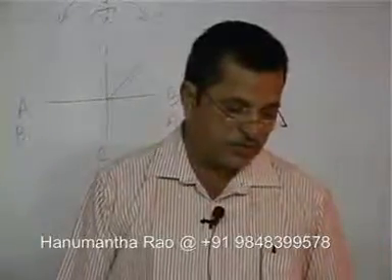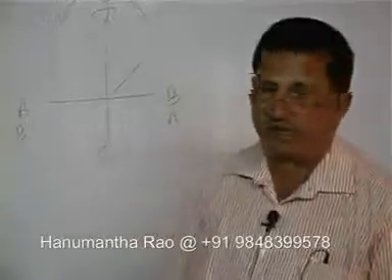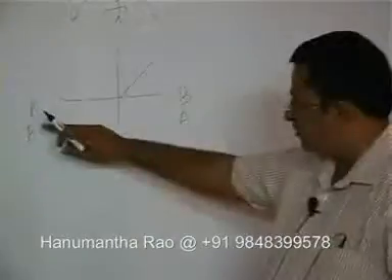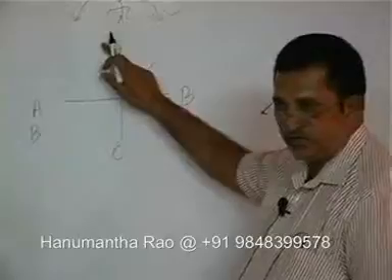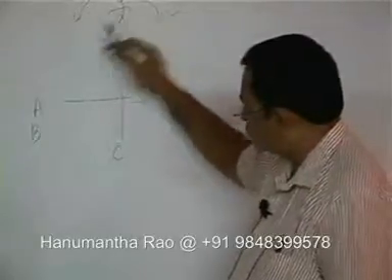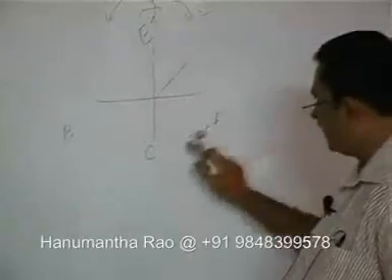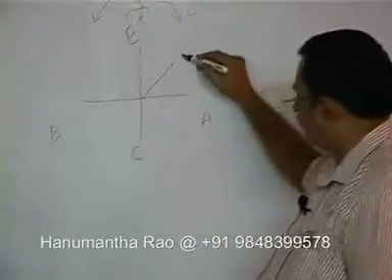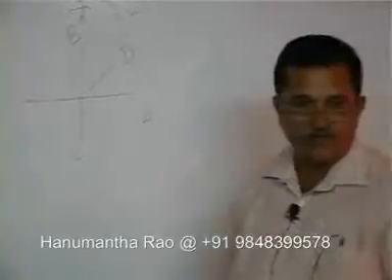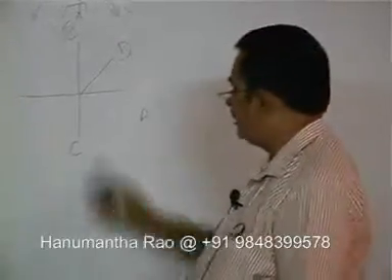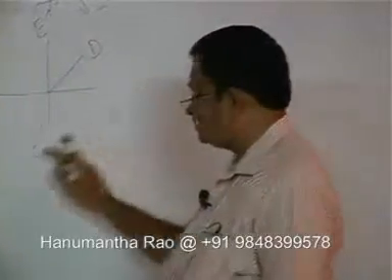E is to the immediate left of B. B's left is E here, is it not? So here E will come. So A will go from here, B will go from here: A, C, B, and the remaining place is D. So the seating arrangement is E, D, A, C, B.